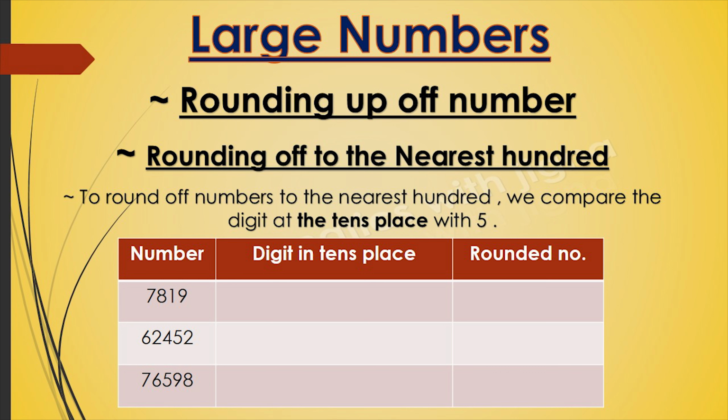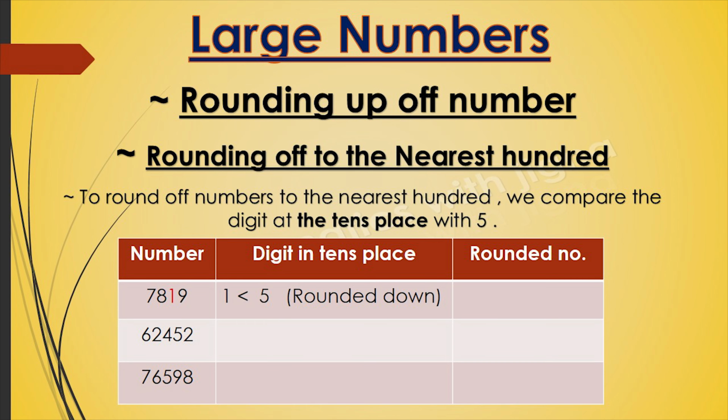Let's take an example. Here our first example is 7819. We know that to round off the numbers to the nearest hundred, we compare the digit at the tens place with the 5. So here 1 is in the tens place and 1 is lesser than 5.